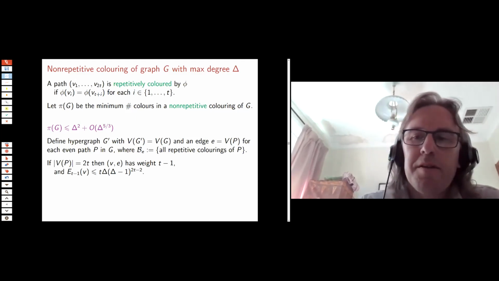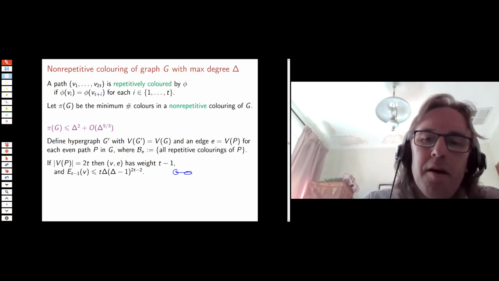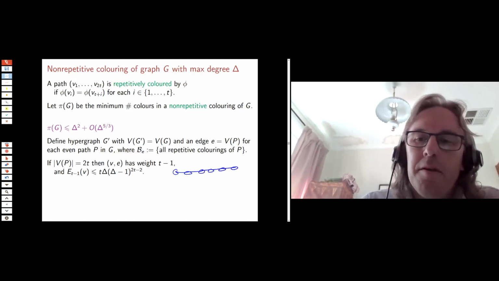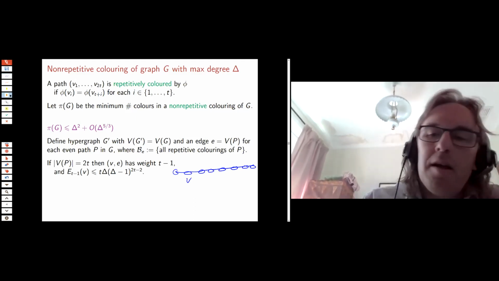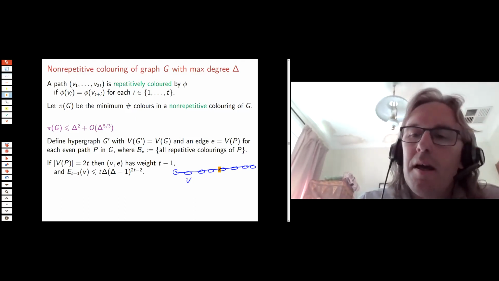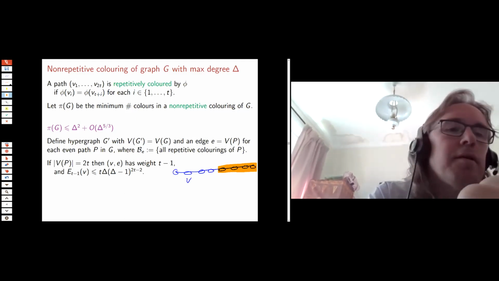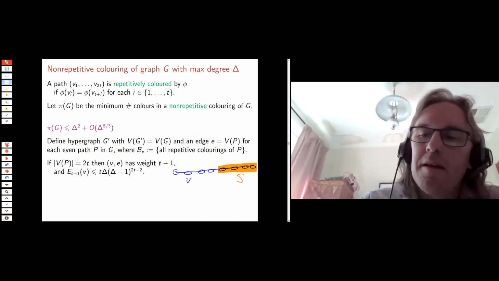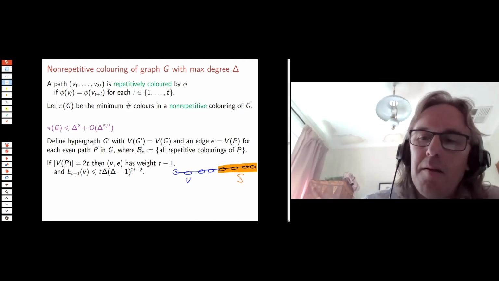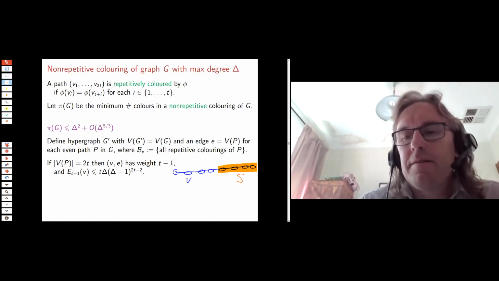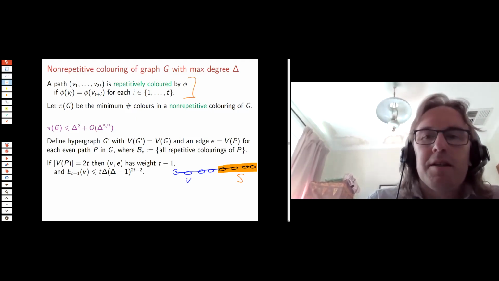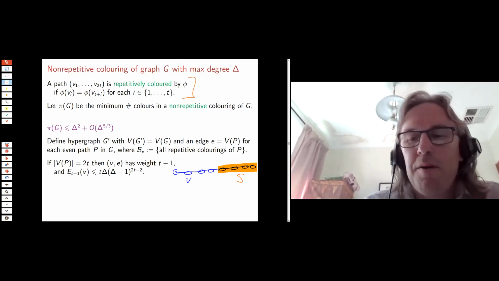We have to think, what's the weight of a path? Well, here's a path, even number of vertices. v is on some side. So you take S to be everything on the other half. So that's the S set. And then you observe that a bad coloring of this path is determined by the coloring on S, right? Because that's exactly the property that makes it repetitive.